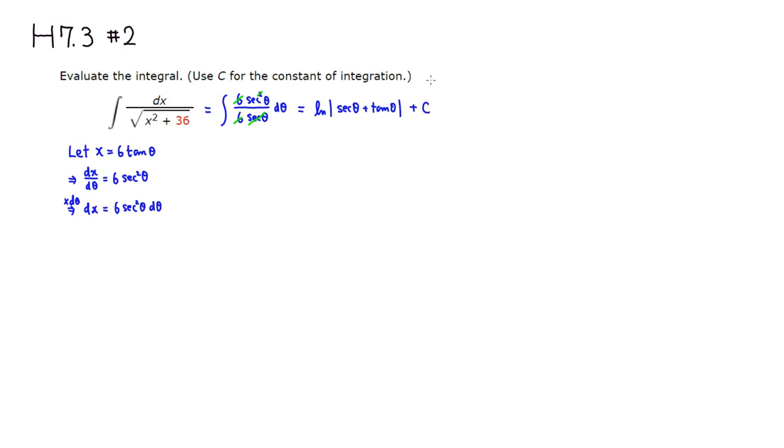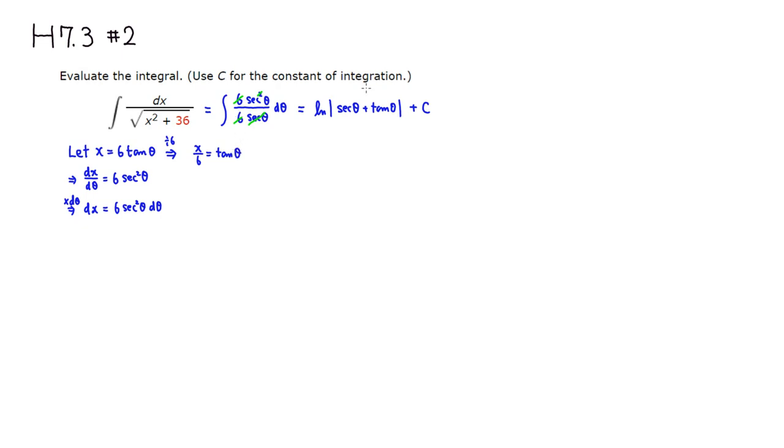Then we need to rewrite this expression in terms of x. We'll use this equation right here. I'm going to divide through by 6 so that x over 6 is equal to tangent of theta.